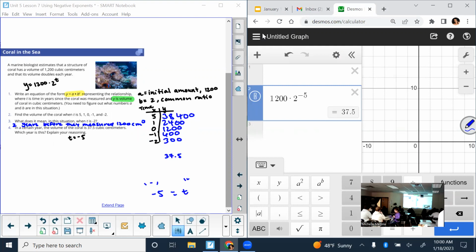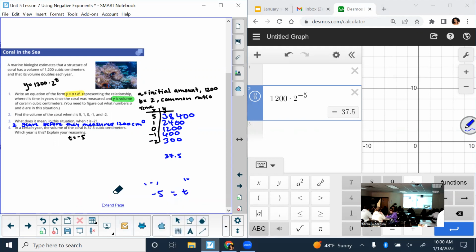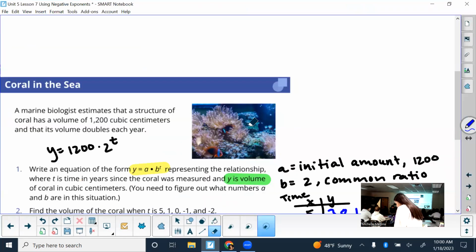Did anyone find it differently? All right. Let's see what the book says, because there are multiple ways.